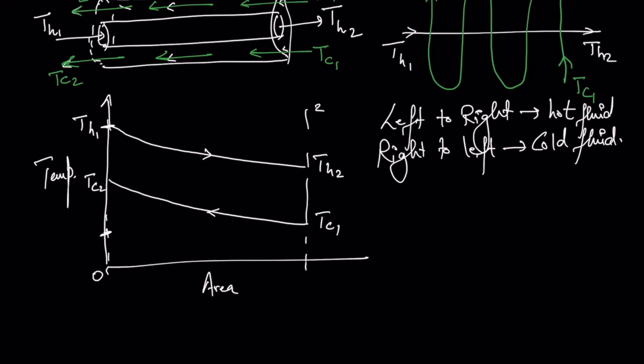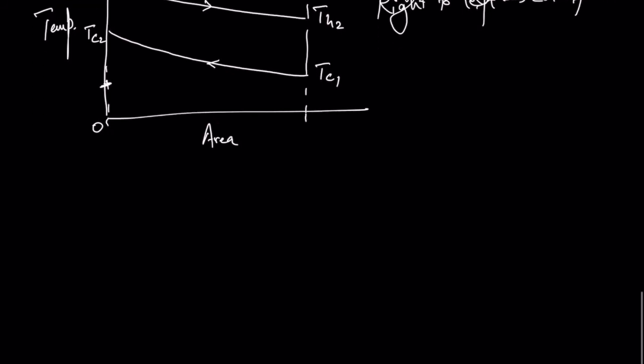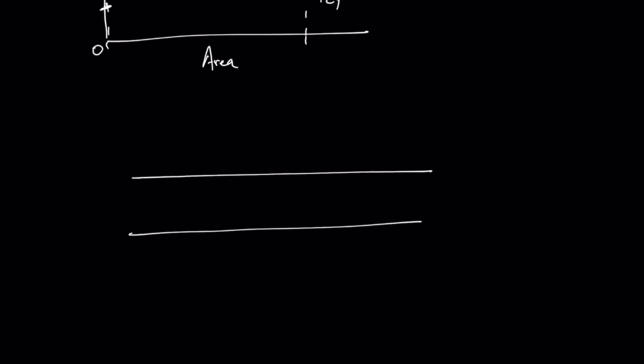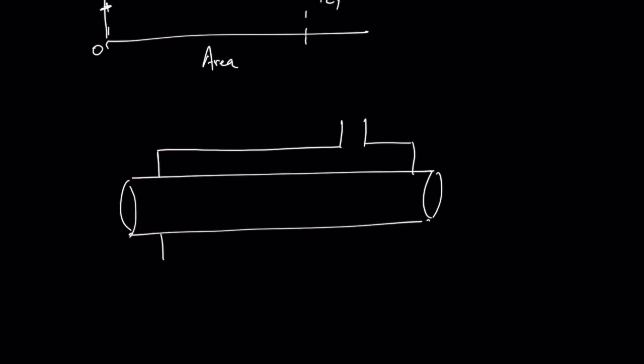So we can draw shell and tube like this also. Let me draw. So this is the pipe, and shell we can draw like this. So this is shell.